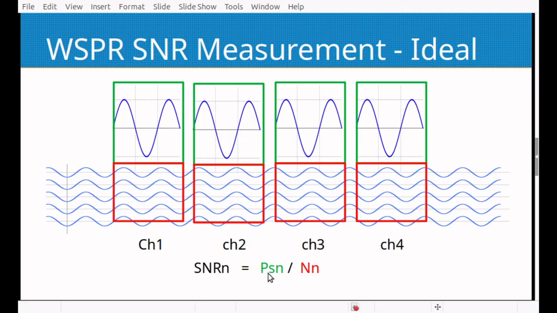So here I've shown this as the power of the signal in green and the noise power in red. We would do that for every channel within the band. We would expect to get very different answers from each of the channels depending on the location of the operator and atmospheric conditions between the transmit and receive stations. But this is ideally what we would expect to happen.